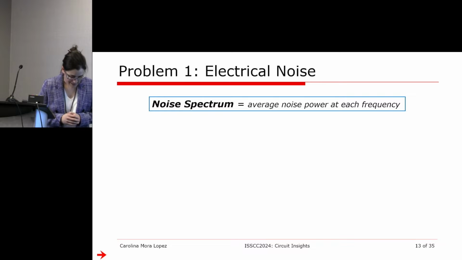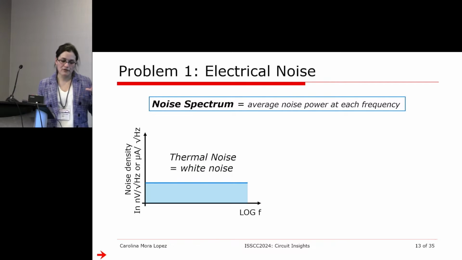To understand the properties of these two types of noise a little better, we need to look at the noise spectrum. The noise spectrum is a plot of your average noise power at each frequency. If we look at the spectrum of thermal noise, you will find that it is rather flat.